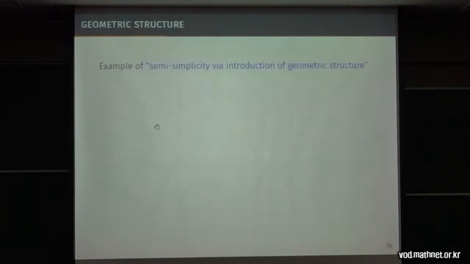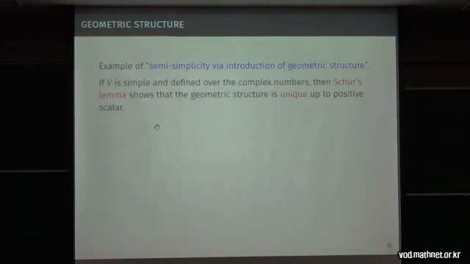Yeah? So what are the kind of themes here? So this is where we tried to show semi-simplicity, and we didn't show it directly. What we said is that there's this additional structure. So this is semi-simplicity via introduction of geometric structure. And the second point, there's something called Schur's lemma, which tells us that this geometric structure is in fact unique up to scalar.